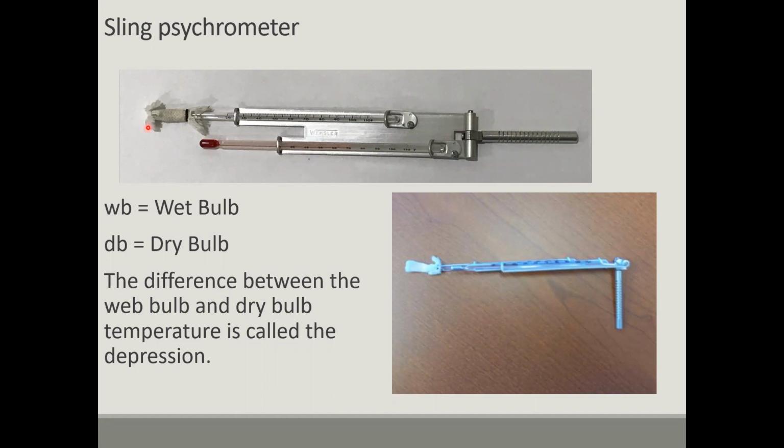Well, what you do is you get this cotton sock wet. Yes, you get it wet. And then you take this little handle and you start slinging this thing around, okay? Well, what you get then are two different temperatures. You get a dry bulb temperature, which would be this thermometer here, and that's the one that's just giving us the temperature of the room.